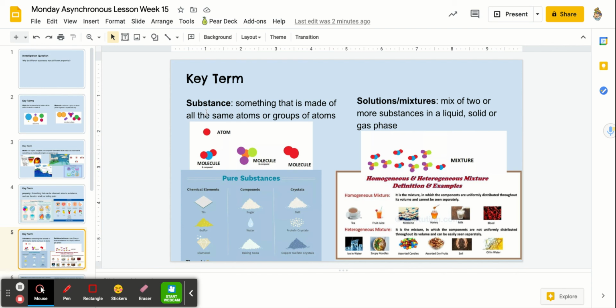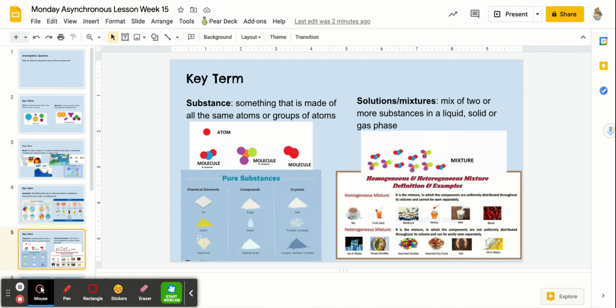And another term that's been coming up as well is substance. Because when we think of substance, we think of just anything, but a substance is really something that is made up of the same atom. A substance is different than a mixture, because a substance is made up of the same atoms or groups of atoms, so they'll have identical molecules or identical atoms.